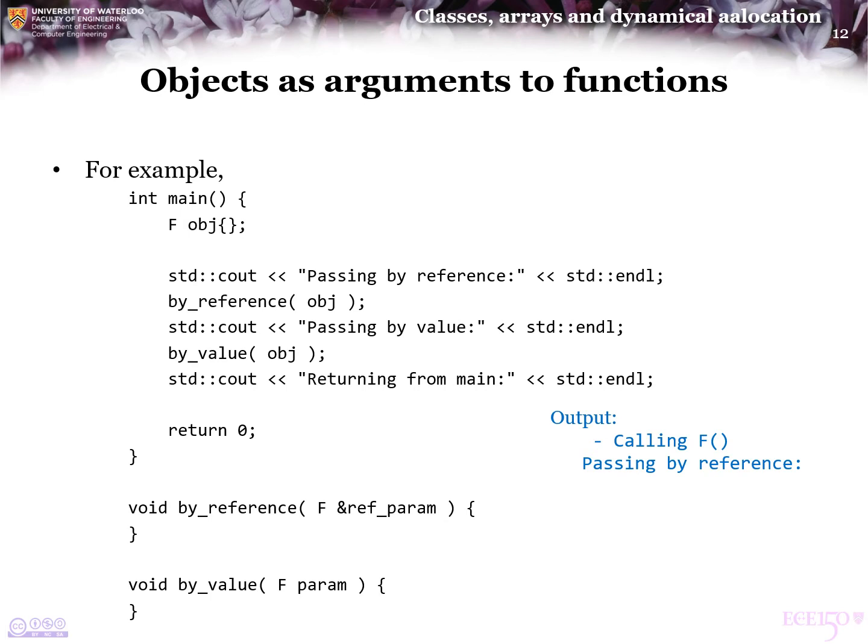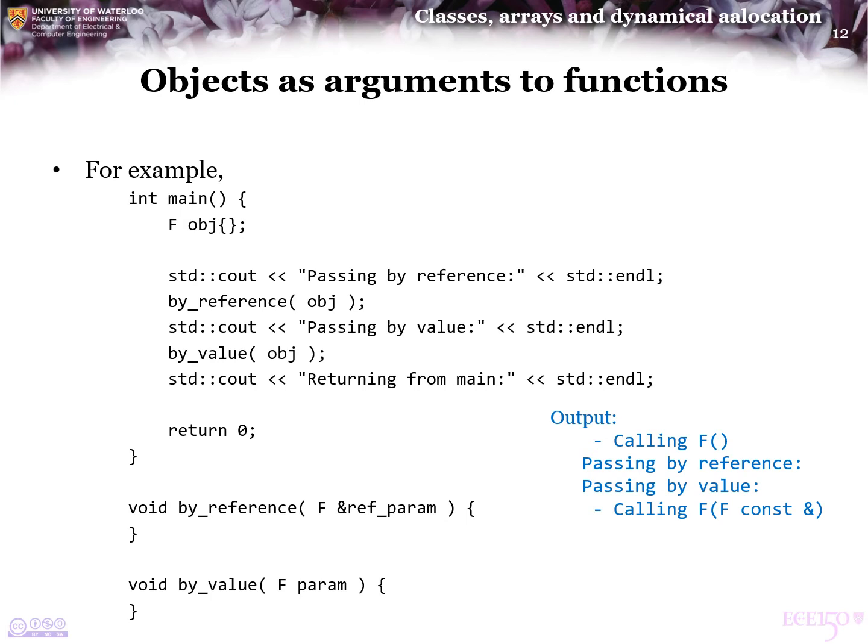Now we're back in the main function, and now we print pass by value. So no calls to the constructor or the destructor or copy constructor were made when object was passed by reference. However, now that the object is being passed by value, the parameter param is initialized with a call to the copy constructor, where the original is the object that is the argument.